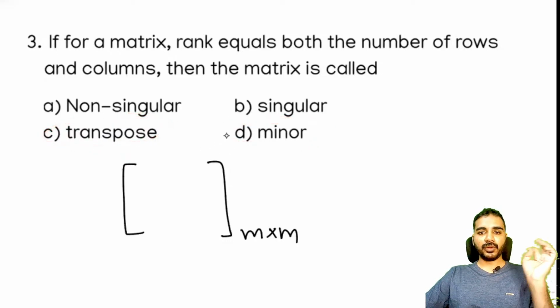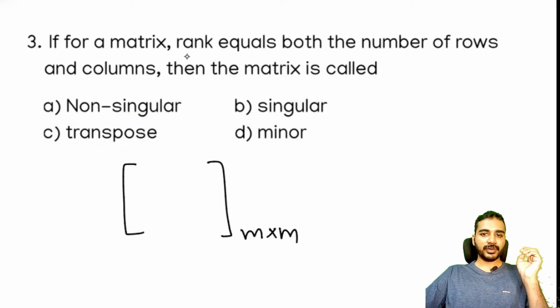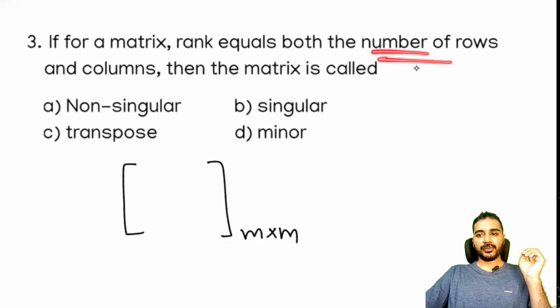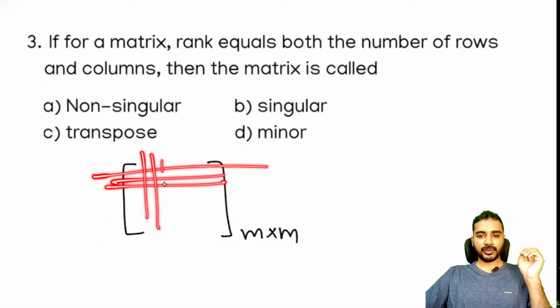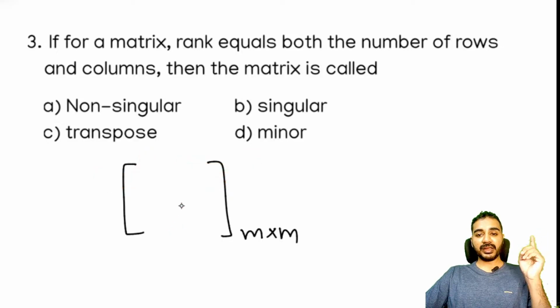Okay, so according to the definition of rank of a matrix, which is equal to number of rows and columns, we are considering a square matrix where number of rows is equal to number of columns, and rank is also equal to number of rows here, or number of columns here.